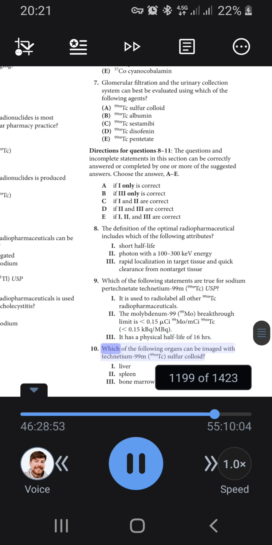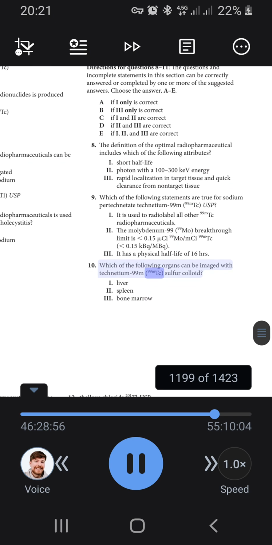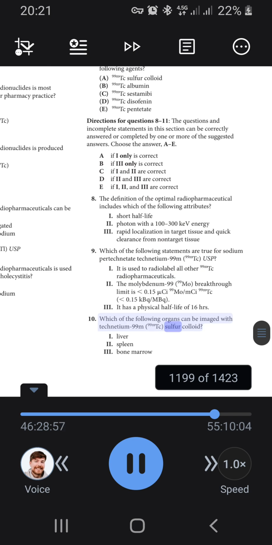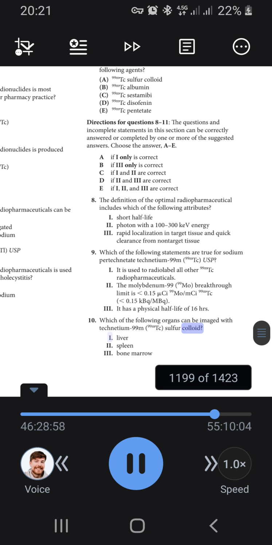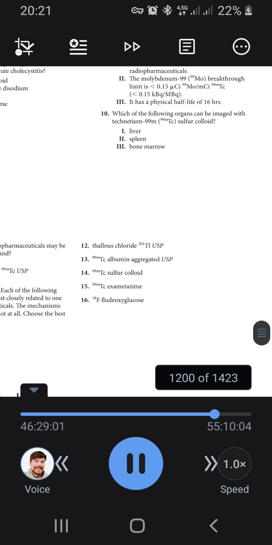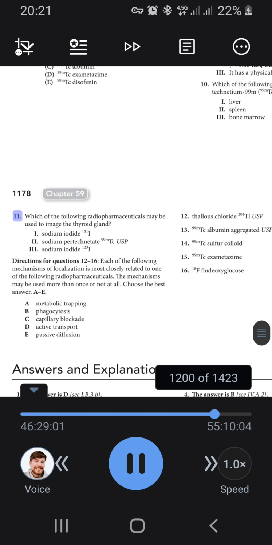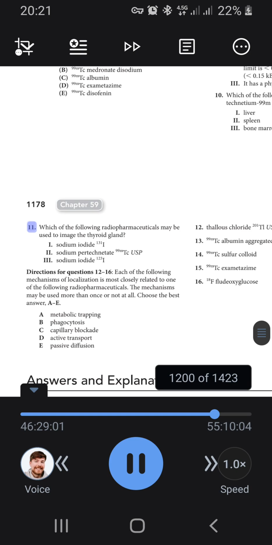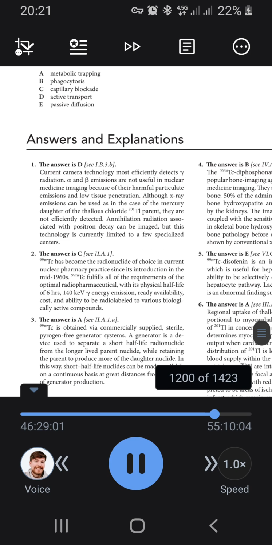10. Which of the following organs can be imaged with technetium-99m, 99mTc sulfur colloid? I. Liver. II. Spleen. III. Bone marrow. 11.